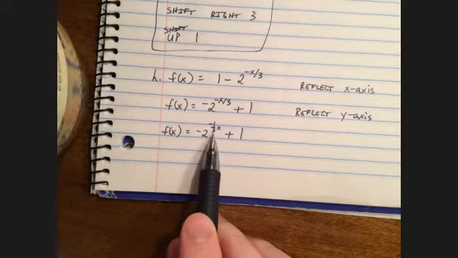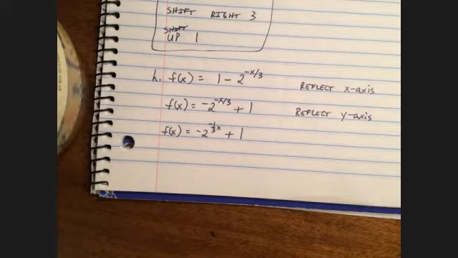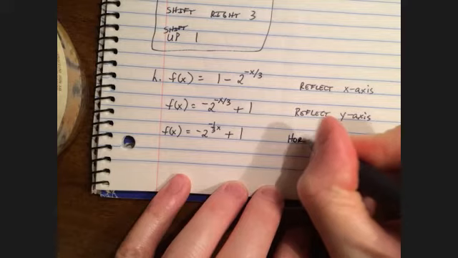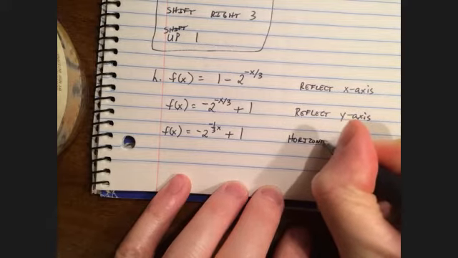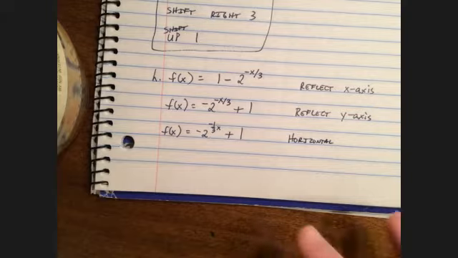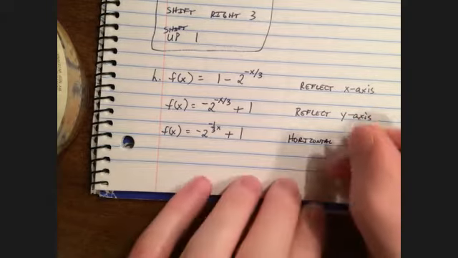Okay, now just looking at the 1/3 in itself, remember everything's opposite with the x's. So we know there's going to be some type of horizontal shrink or stretch. In this particular case, it's actually a stretch.